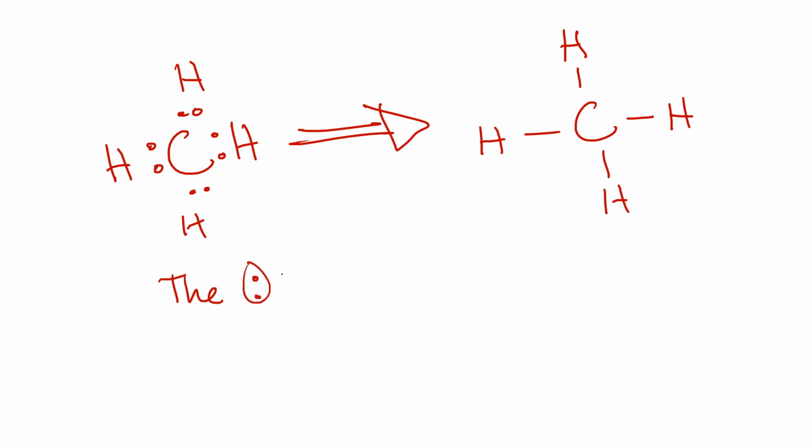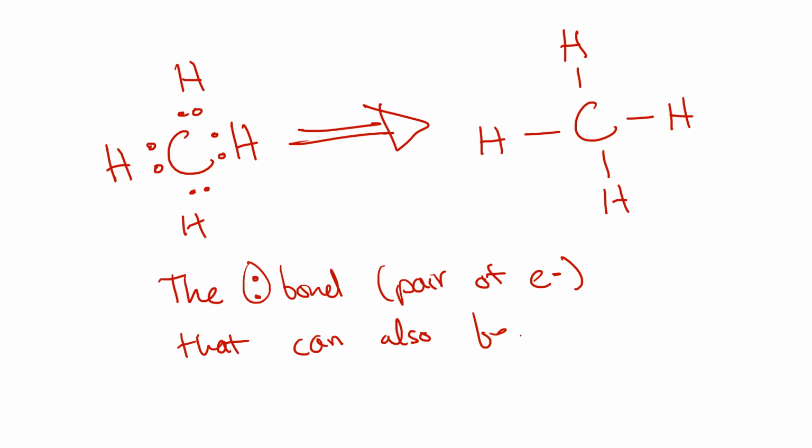The dots are a bond. Therefore, a pair of electrons can also be represented with a line. That line still represents the pair of electrons.